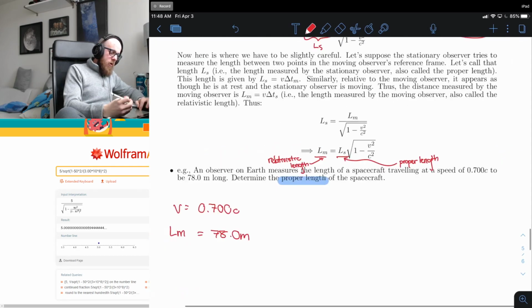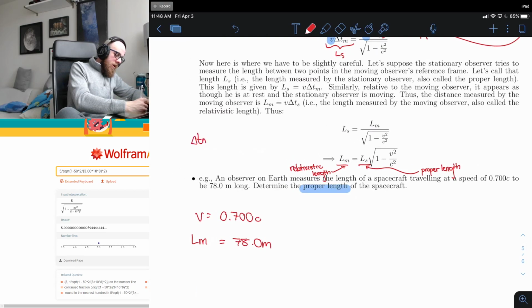That also goes for time, right? We have delta Tm is equal to delta Ts over the square root of 1 minus v squared over c squared. These are also called the proper time and relativistic time, okay?